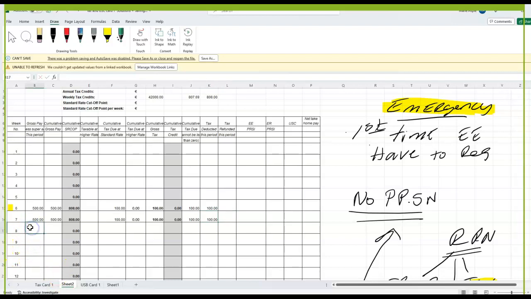The next week I'm earning 550. So it's non-cumulative. I still have 808, and I'm going to increase my tax slightly because it's a higher figure at 20%. €110, 0 high rate, no tax credit, 110 deducted. Next week, let's go down to 450. Do we get a refund here?